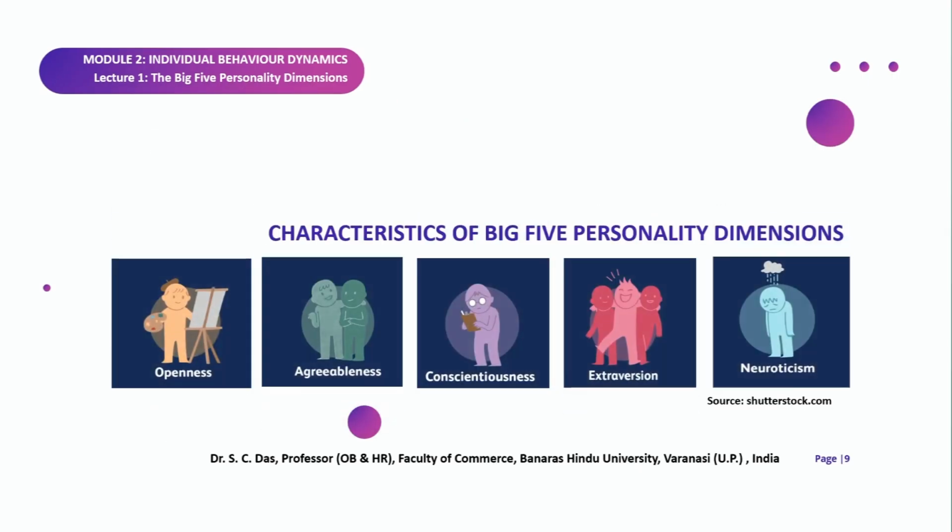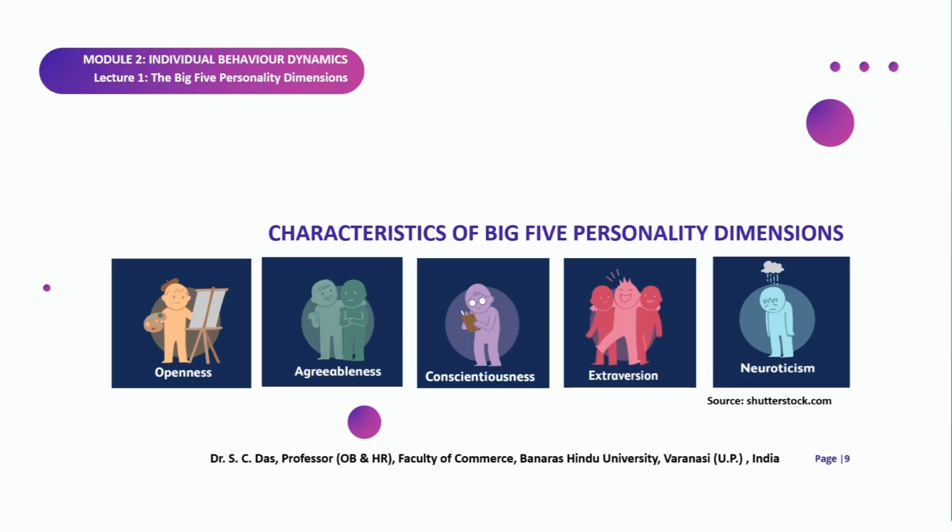Now see, this slide shows the Big 5 personality dimensions and characteristics: openness, agreeableness, conscientiousness, extraversion, neuroticism.